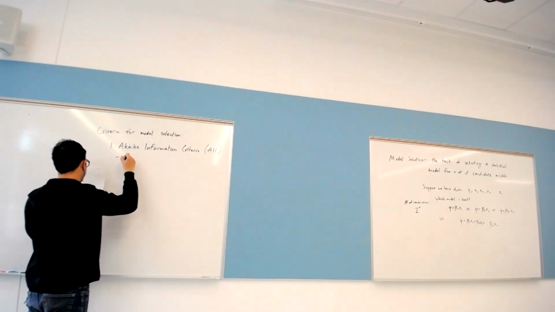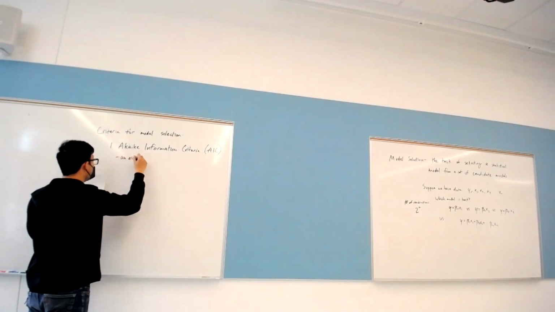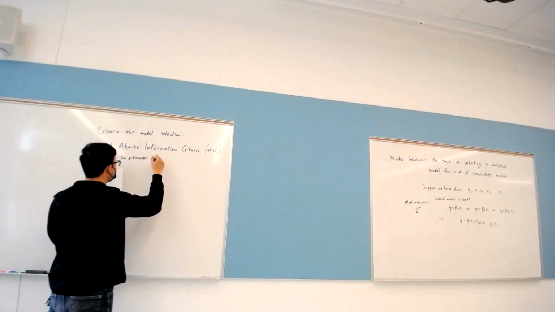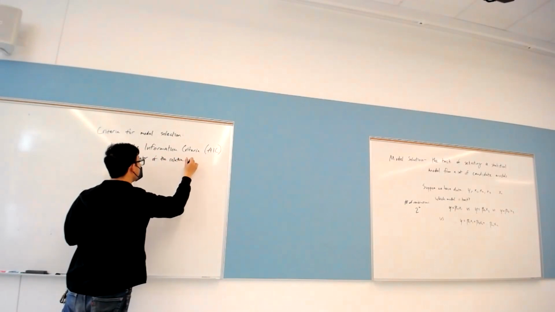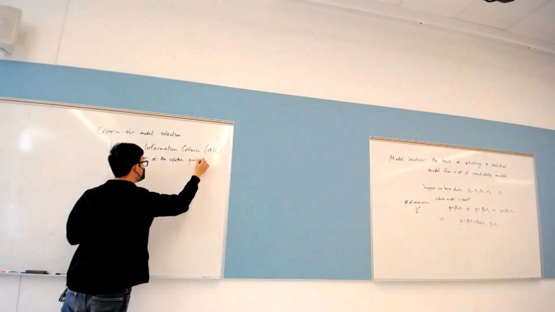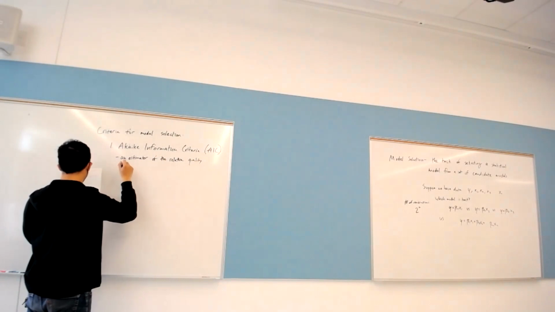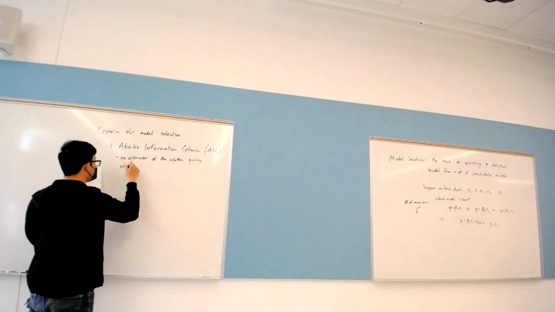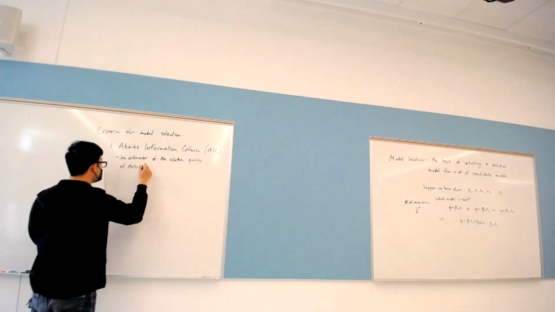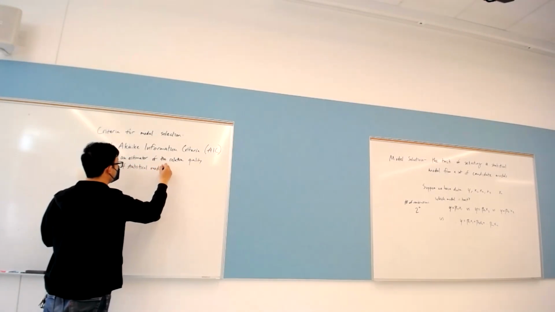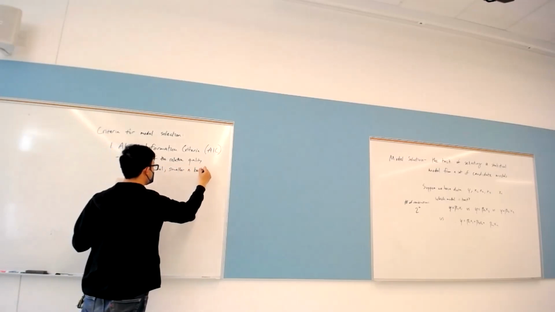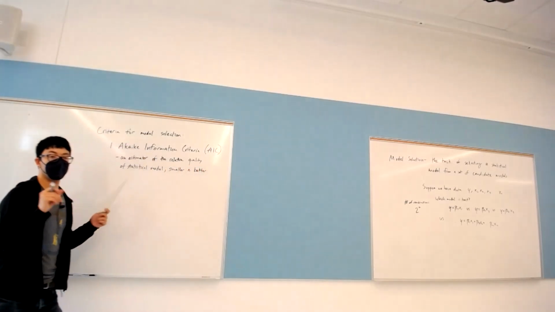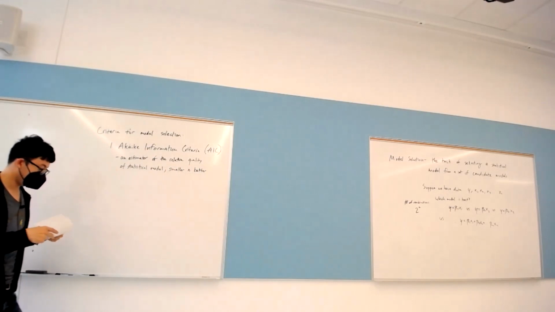This is an estimator of the relative quality of a statistical model. And here, smaller is better. The smaller your AIC, the better the model is.